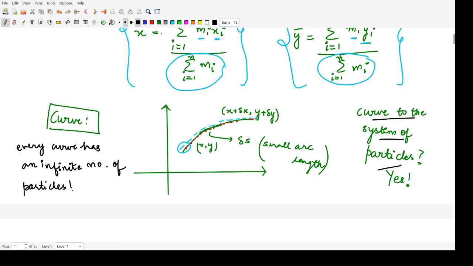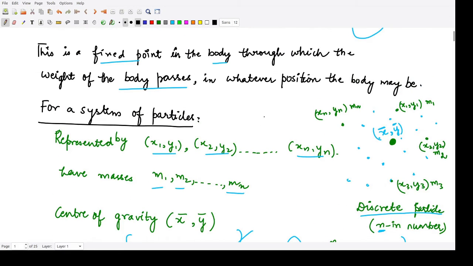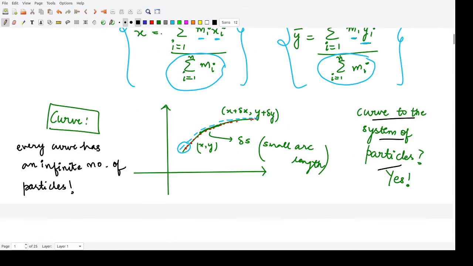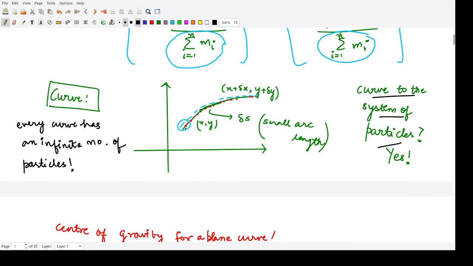So this is a more general case of the previous one, where we studied only n particles. Now in a curve we have a continuous nature of particles, so one particle cannot be distinguished from another. These are very minute and tiny particles present on this curve.